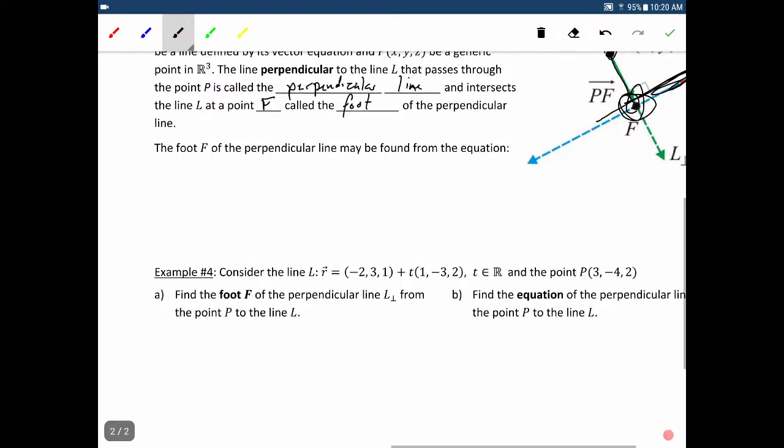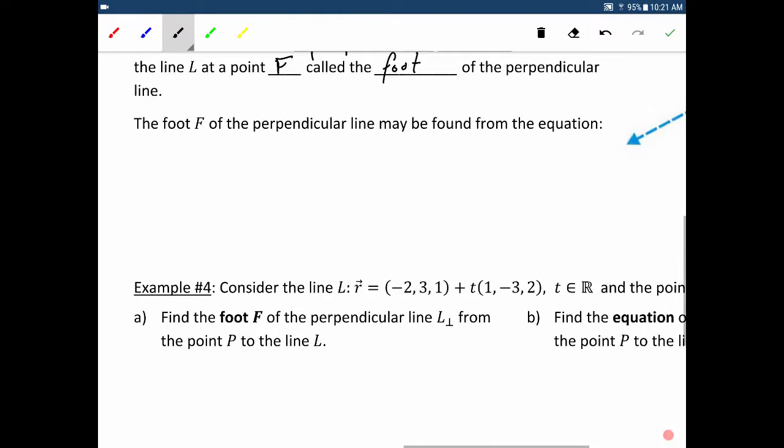The foot of the perpendicular line may be found from the equation PF. We take the vector from P to F, and then the dot product with the direction vector of the other line is equal to 0.